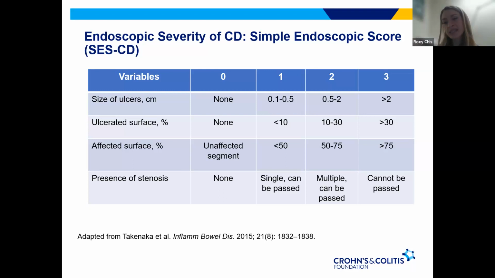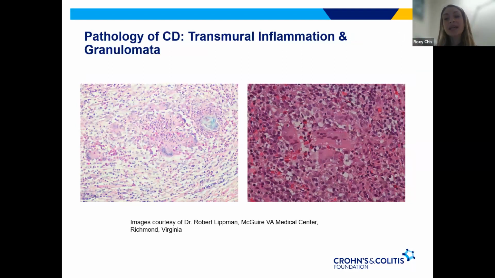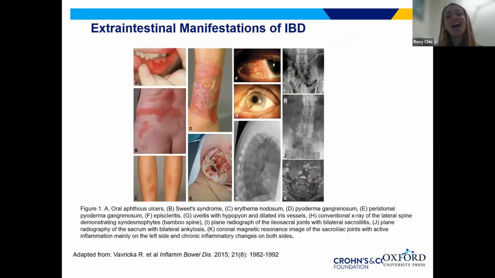It basically takes that into account for every segment of the colon, and it gives us an indication of how extensive the disease is, which guides our management. And like I said, there are pathologic differences between ulcerative colitis and Crohn's disease. Specifically in Crohn's disease, we see granulomas, which in ulcerative colitis we do not. But anyway, a talk for a different day.